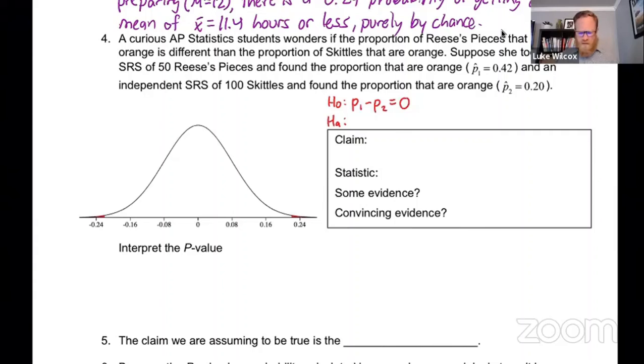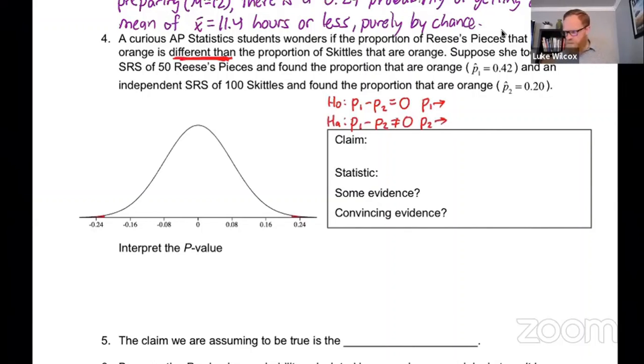Now, to get our alternative, we have to look back at the wording of the question here. And it says different than. So we don't really know if it's going to be higher for Reese's Pieces or higher for Skittles. This is a two-sided alternative, which says not equal to 0. Now, we do need to clearly identify our parameters here.